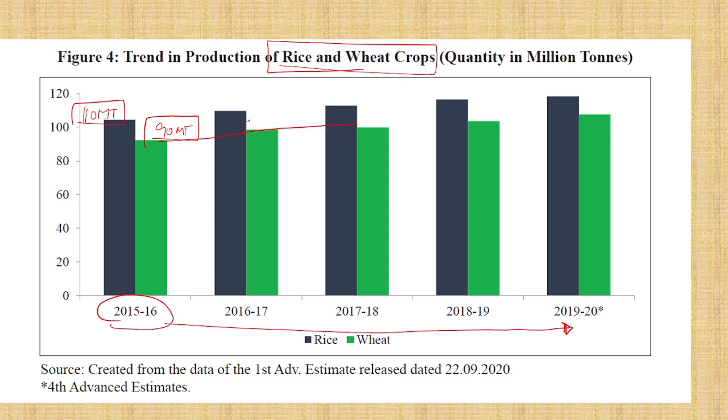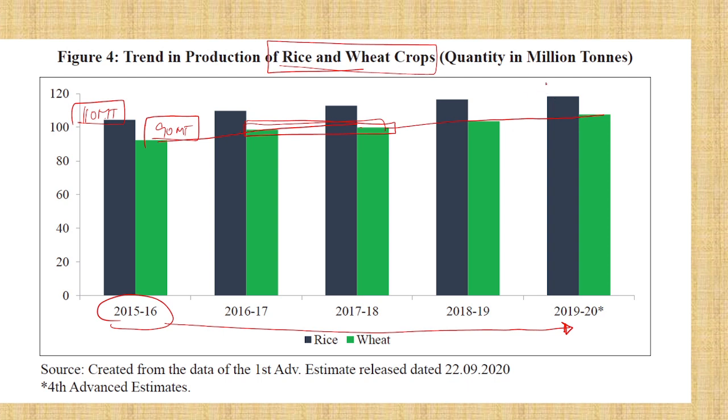But see what the questions will be in prelims. They will use words like increasing drastically or decreasing drastically. No, see this, they are only gradually increasing, and here there is a stabilization, again a small increase. See, you don't have to remember the numbers.